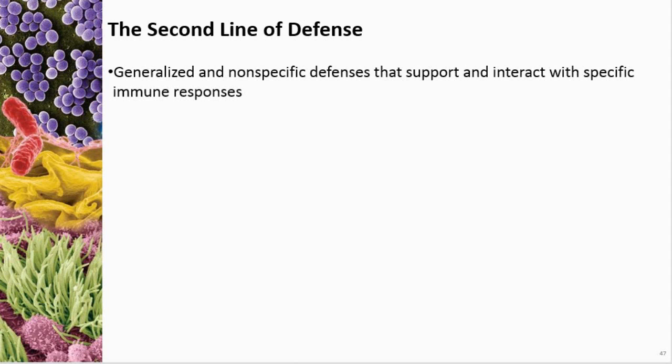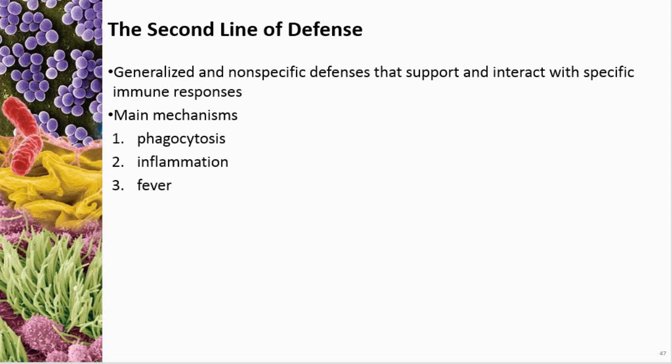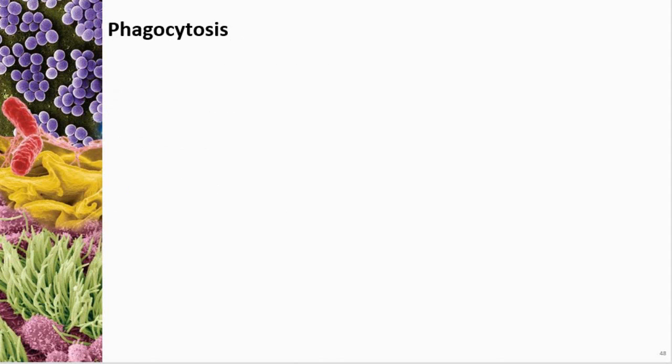The second line of defense is not barriers. These are cells, right? The main mechanisms that the second line of defense uses are phagocytosis, inflammation, fever, and antimicrobial proteins. So let's go down through that list and discuss all of these things.